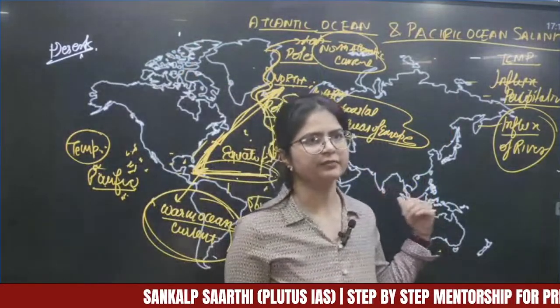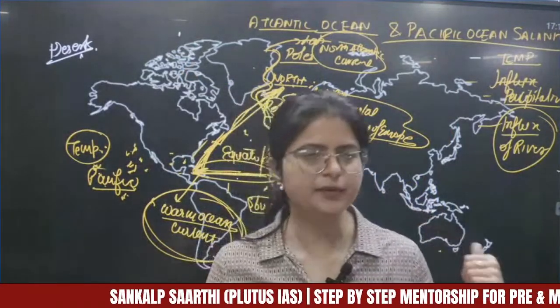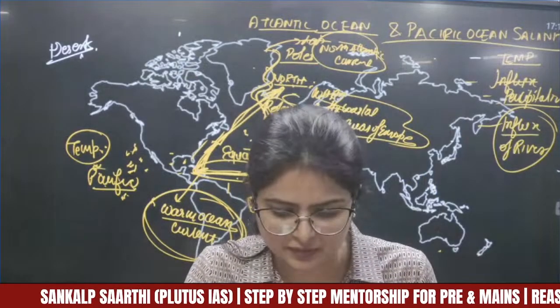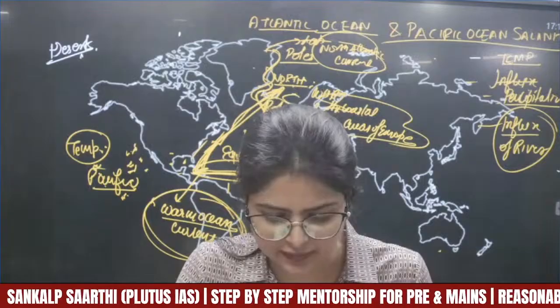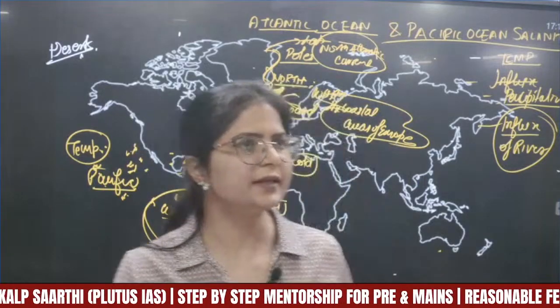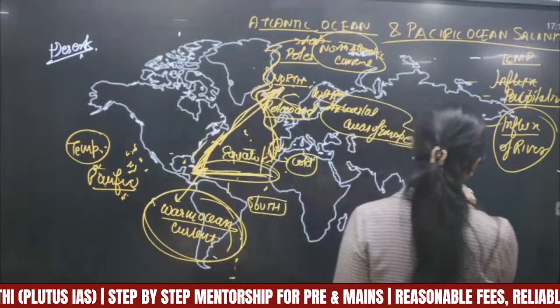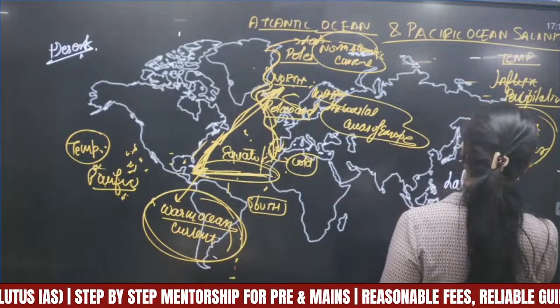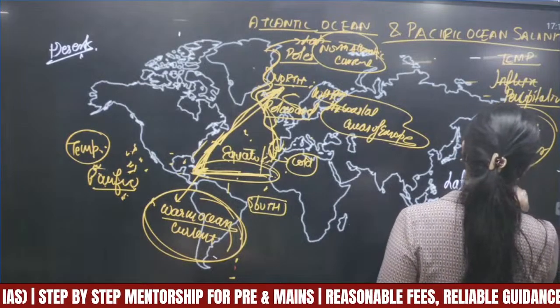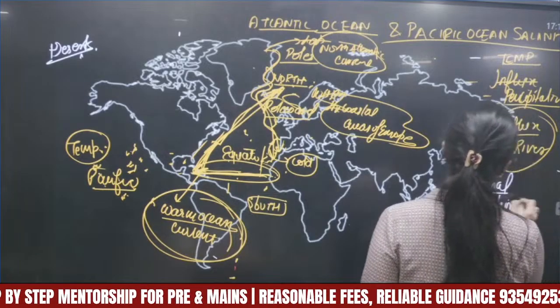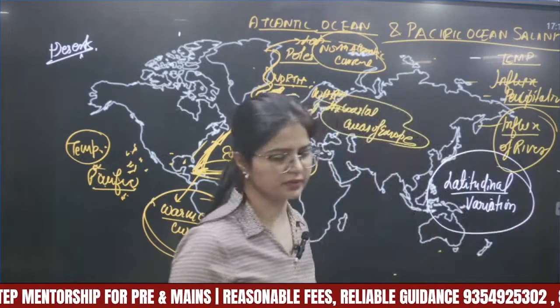Here I have explained to you; only that point I am repeating, the one I explained initially. Areas at different latitudes experience varying amounts of sunlight and precipitation, leading to differences in salinity. We call this latitudinal variation.